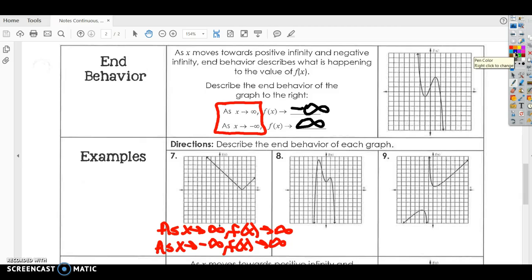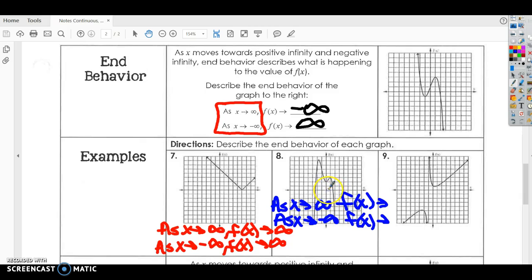Now, number 8. I'm going to do this in blue so that we can see the different answers here. As x approaches infinity, and as x approaches negative infinity, f of x approaches what?